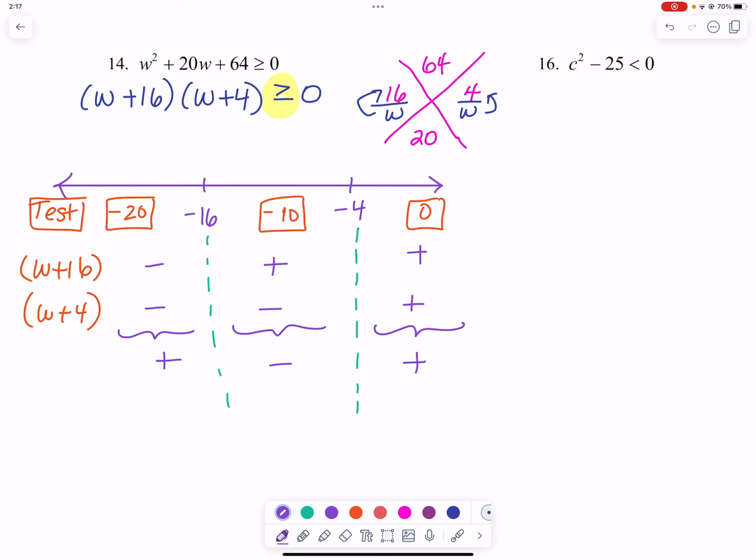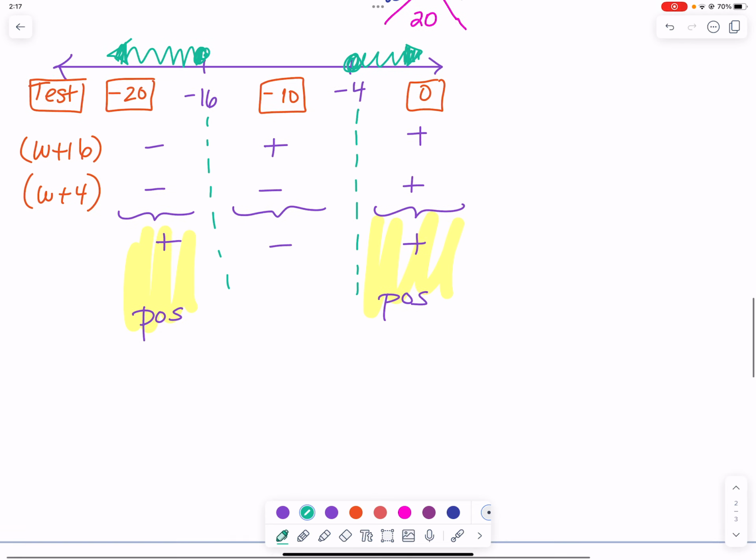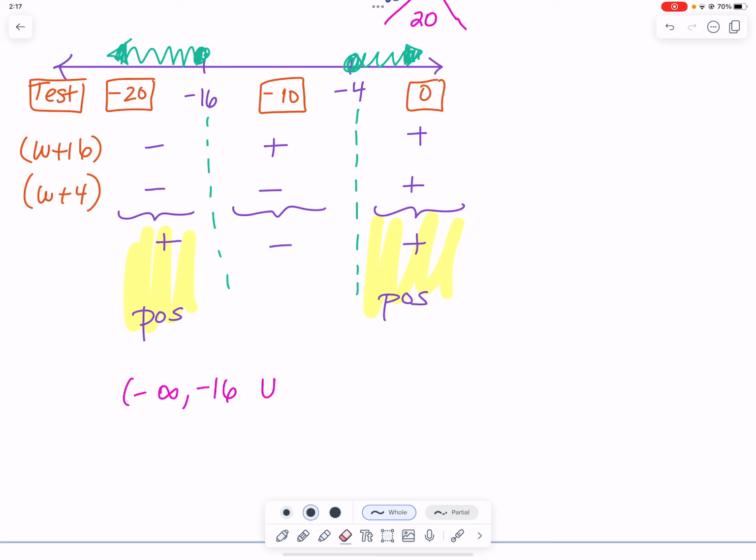So we're looking for positives, and they are right here, these intervals. So that solution is negative infinity to negative 16, and we need a bracket, union with negative 4 to infinity.